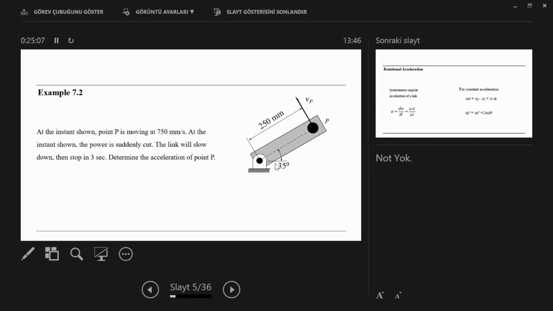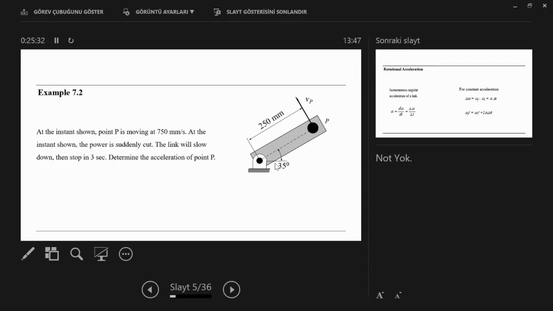So, the acceleration of point P. We know the acceleration consists of two parts. The tangential is equal to dv over dt, and the normal an is equal to v square over r.